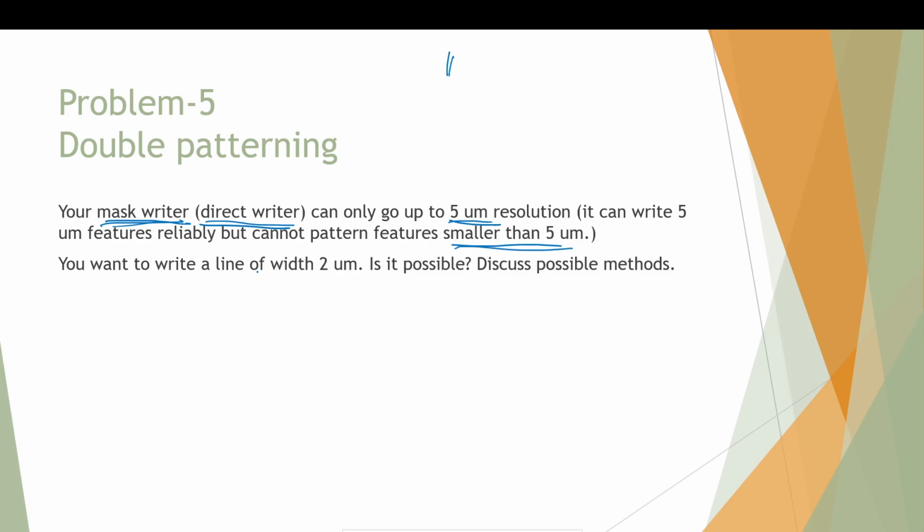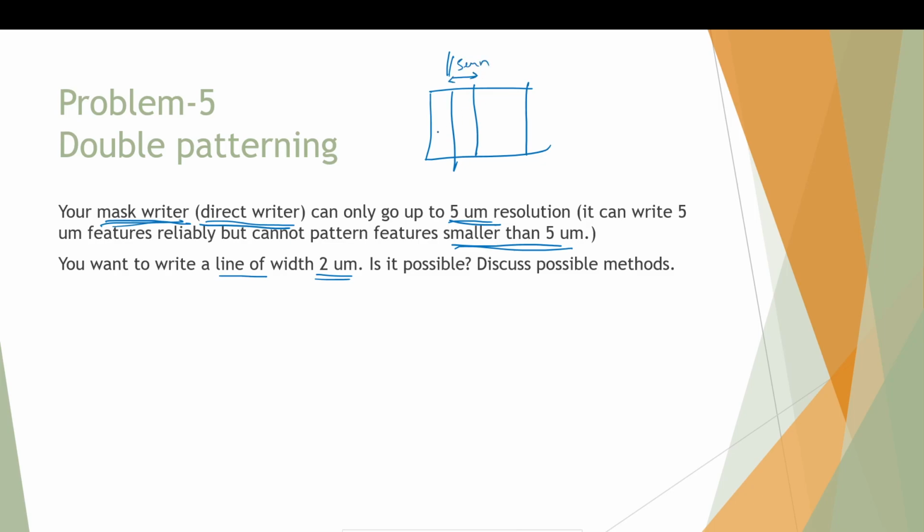But now I want to write a line of width 2 microns. So what are the possible ways that I can do this? I can only make masks with 5 micron lines or more.